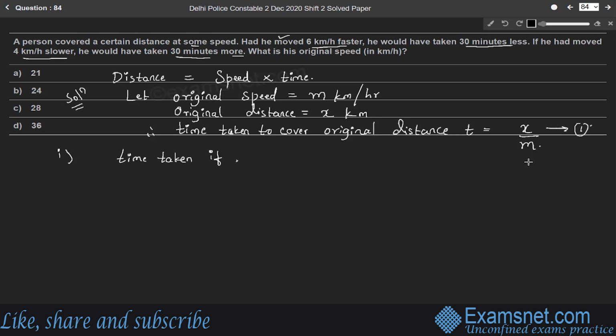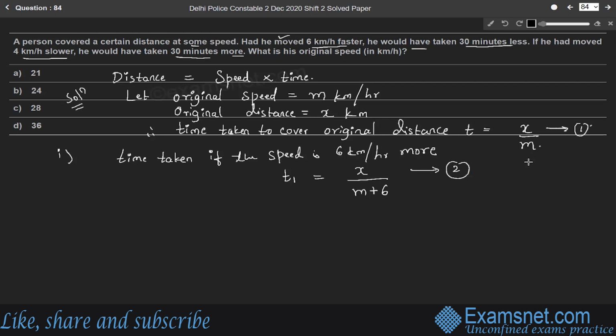Let it be t1 is equal to distance x divided by speed m plus 6, 6 km per hour more. Let us consider this as equation 2.